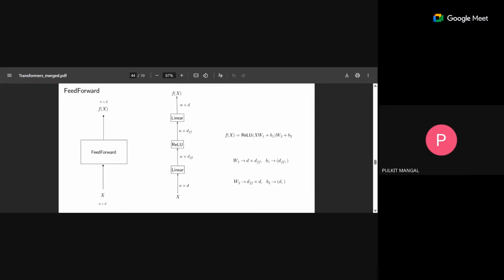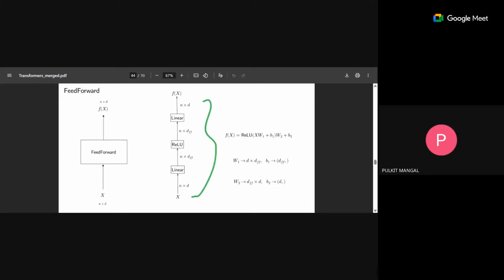The non-linearity will come in the feed forward neural network part, in which the output of the multiple self attention block, after doing the ResNet connection and the layer norm, is n cross d, and that will be fed to your feed forward neural network. That will also output n cross d.